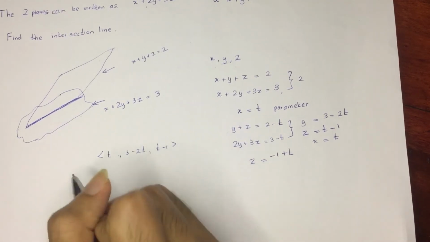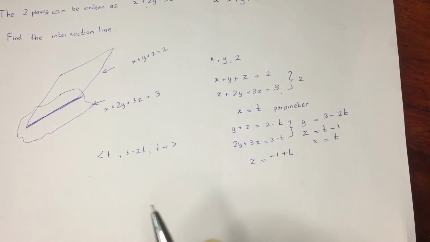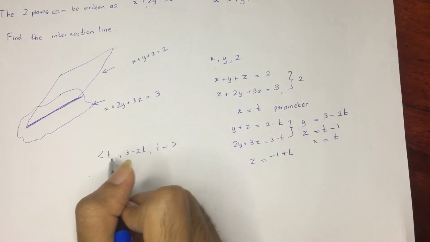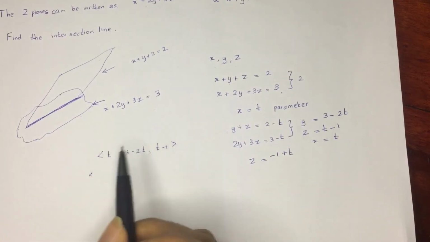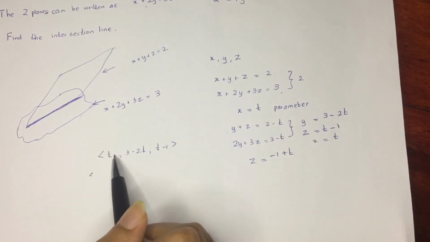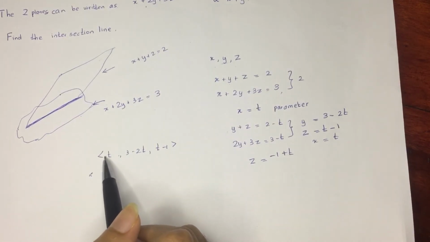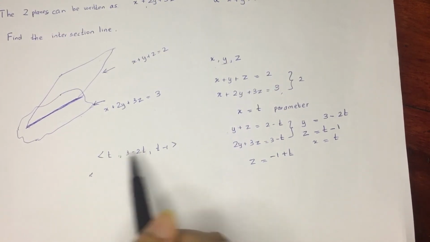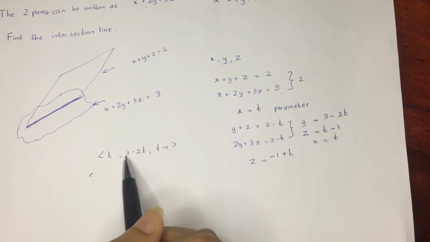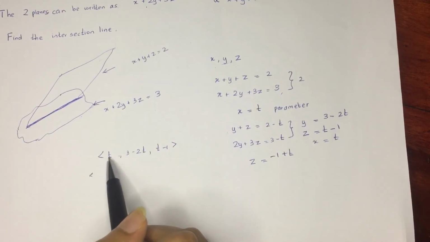When I'm considering the vector form, first I need to find the value of the point. Here, as there is only the parameter t, the value other than the parameter is going to be 0 for the x-axis, 0 plus t.